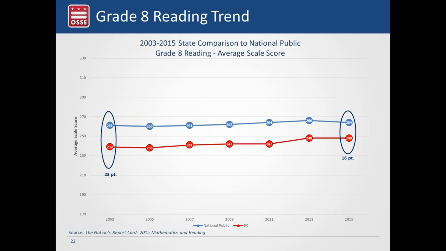Although the DC students are closing the gap with their public school peers, the work of schools over the past decade and the rigor of Common Core have certainly shown a positive impact on student performance. But I want you to keep in mind there remains more work to be done. The scale scores in all cases were on the lower end of the scale for both reading and math. DC continues to be positioned near the bottom when states are put in rank order.